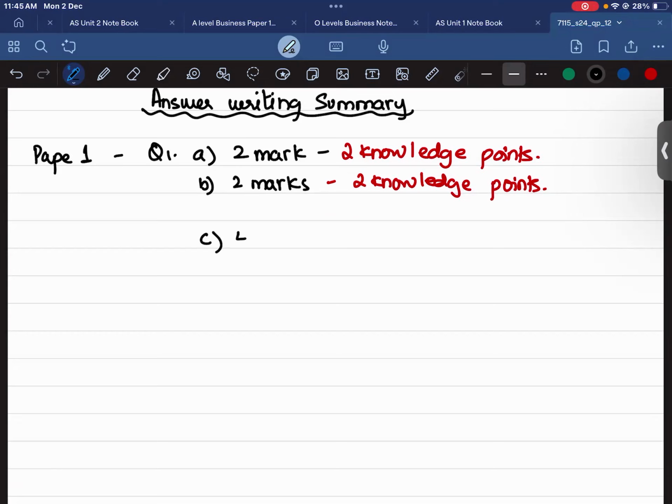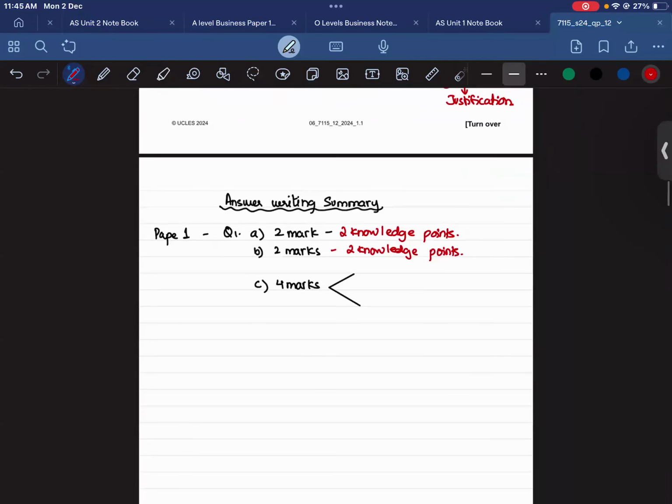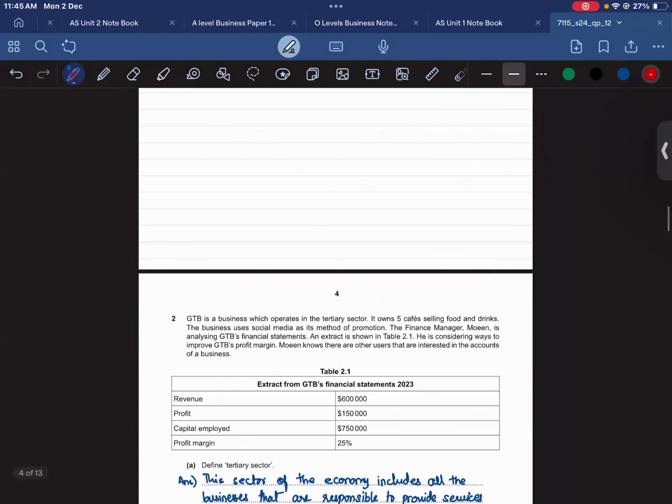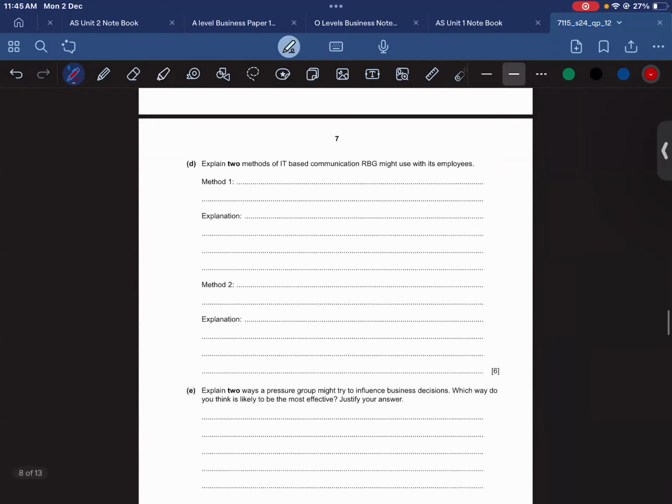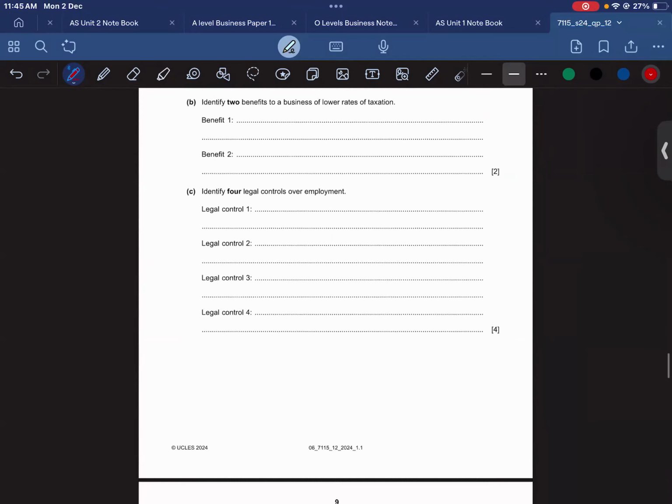C parts are 4 marks, and usually they are classified into 2 categories, in which sometimes they ask you for four characters. So let me check if there is any question in this paper which is asking for four knowledge points. Okay, yeah.